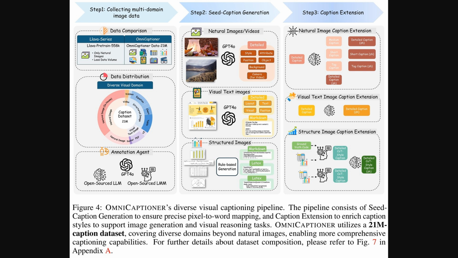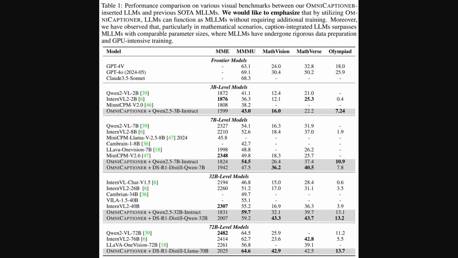So after creating that rich dataset we saw in Figure 4, Table 1 here shows the payoff. It compares how well different LLMs perform on visual tasks when they use captions from OmniCaptioner versus other state-of-the-art multimodal models across benchmarks like MME, MMMU, and especially those math ones, MathVision and MathVerse. You can see the OmniCaptioner combinations, those highlighted rows.